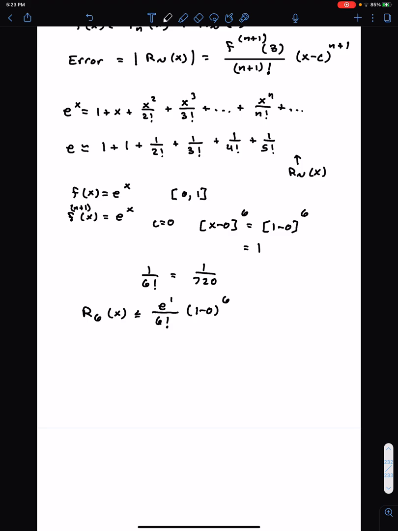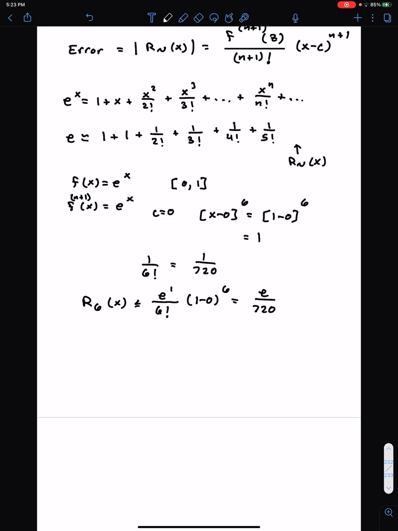That's the next term, with the maximum on the interval 0 to 1 being e, which is equal to e divided by 720. So the error in using 6 terms to approximate e is less than e over 720.